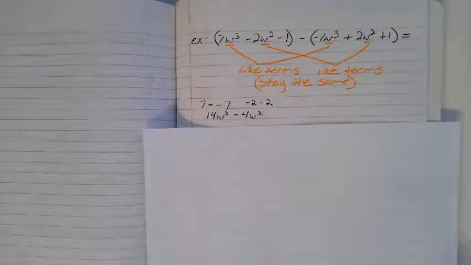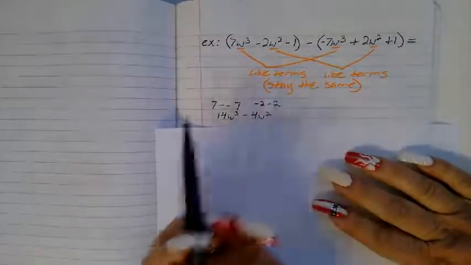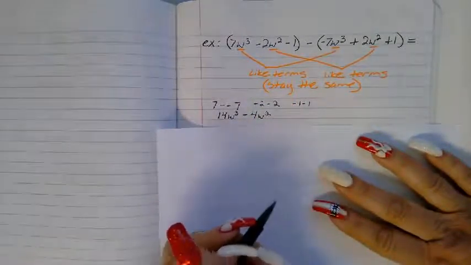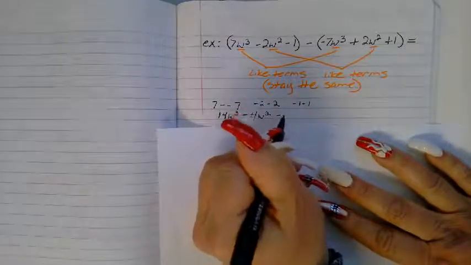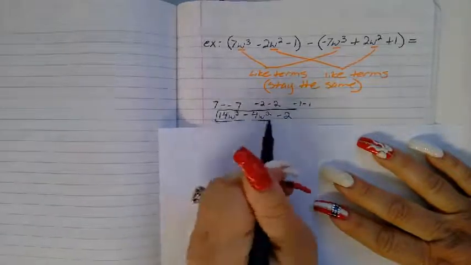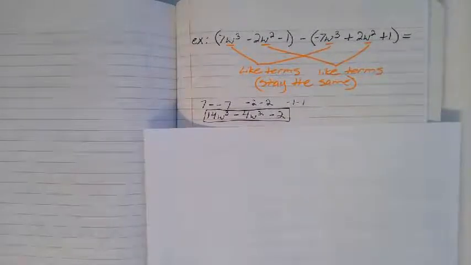And then we're left with negative 1 minus 1, and that gives us a negative 2. So you guys should have got this right here: 14w cubed minus 4w squared minus 2.